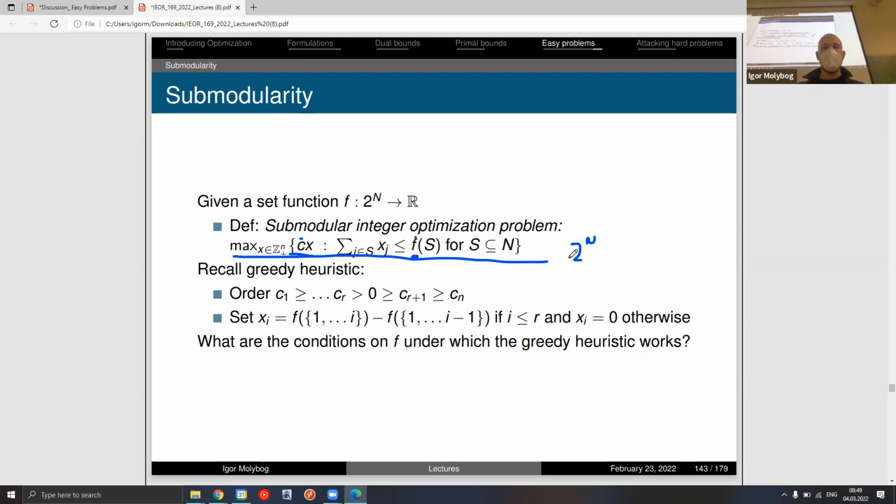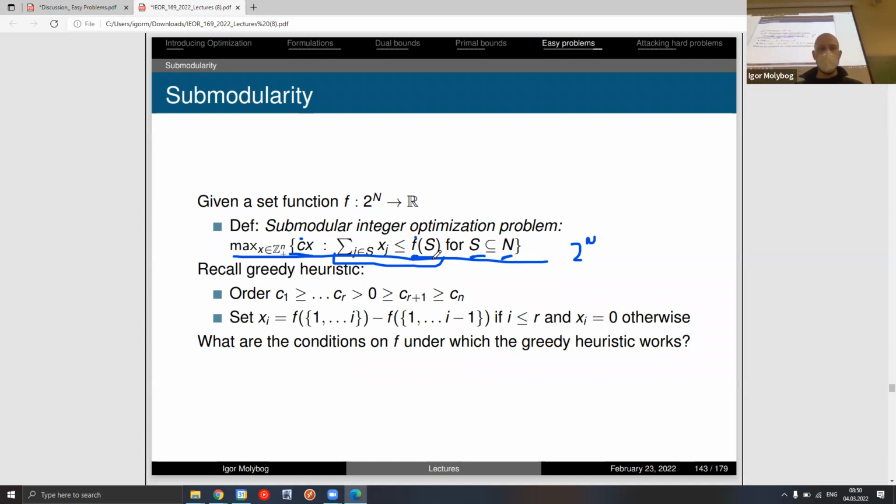The 2 to the n constraints can be put as follows: for any subset S of the n coefficients, the sum of xj, where j belongs to the subset of indices, is bounded from above by the value of the function f of S.